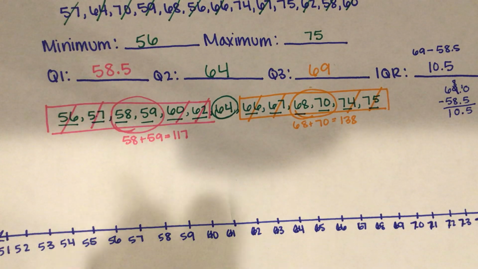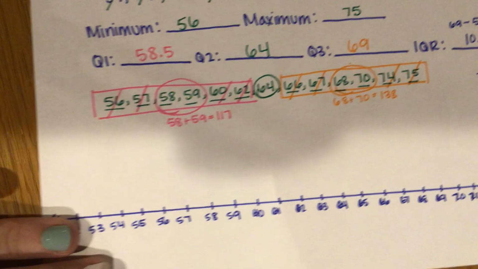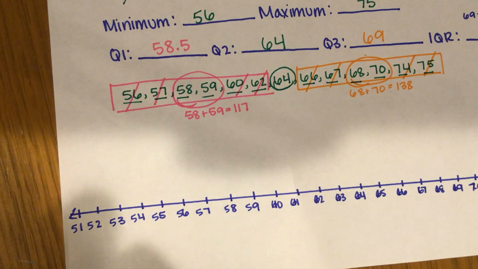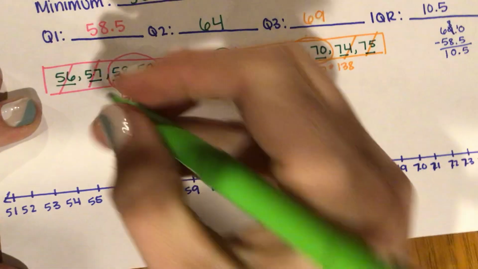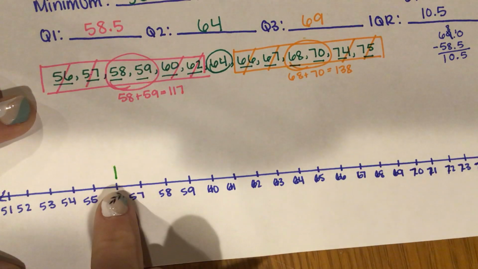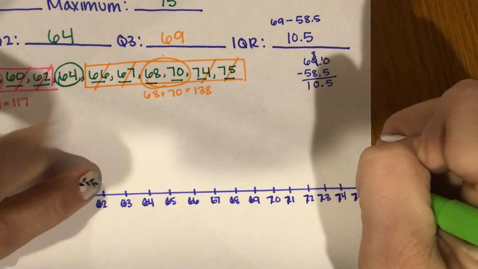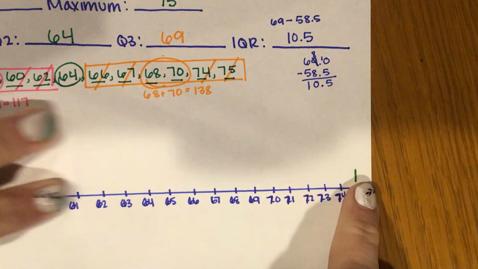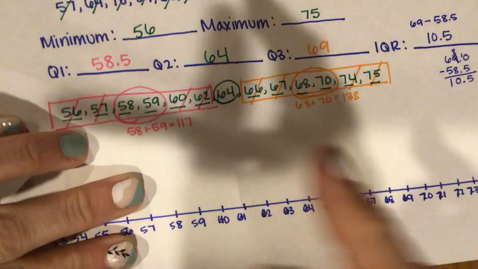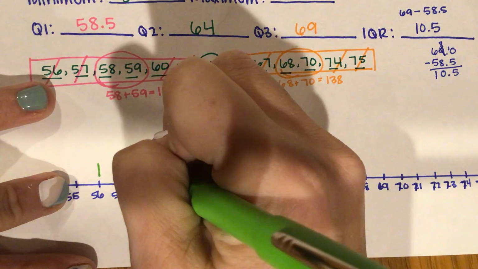Now, graphing. I am going to find my lowest value on my graph and put a vertical line. My maximum value was 75. Q1, 58 and a half.